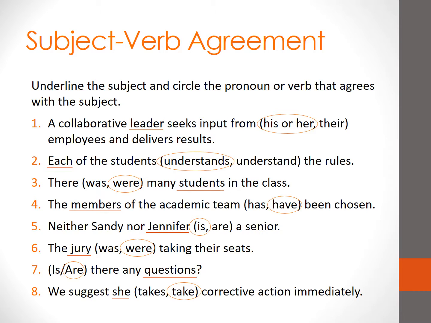Underline questions and circle are. Number 8 is an example of subjunctive mood, and so you can read in the primer more about that if you want to. But in this case, we would underline she, and then because it's not a fact, we circle take, corrective action immediately.